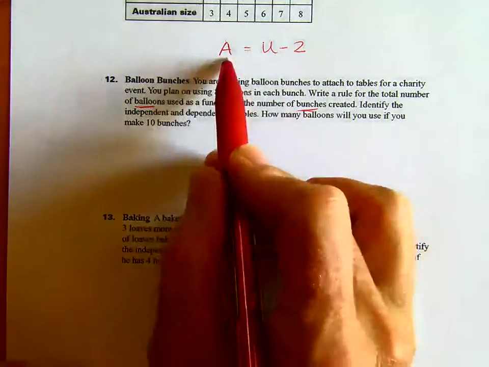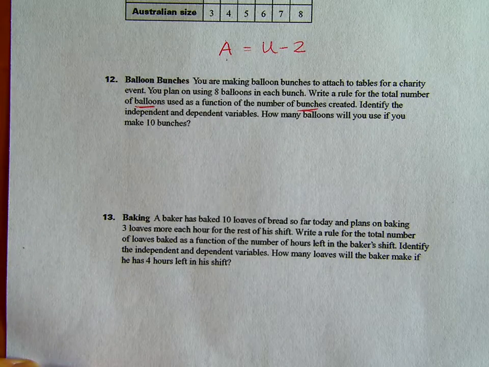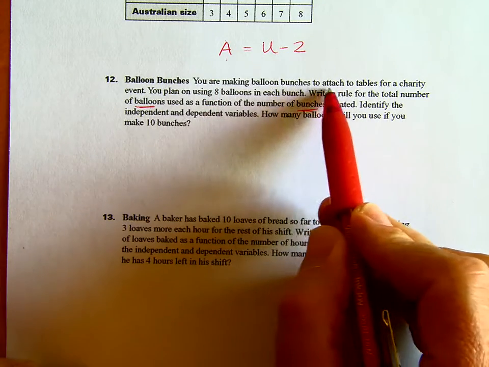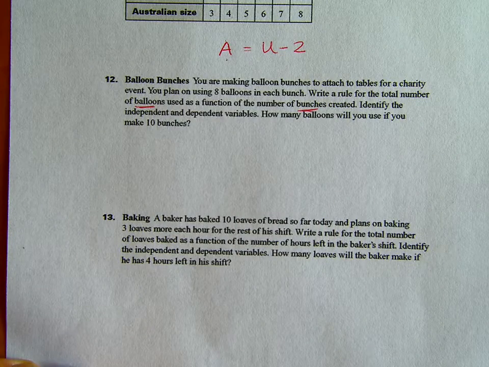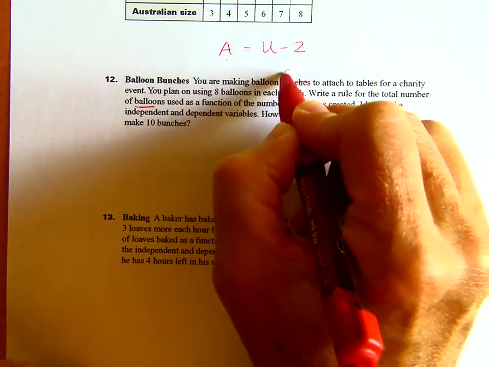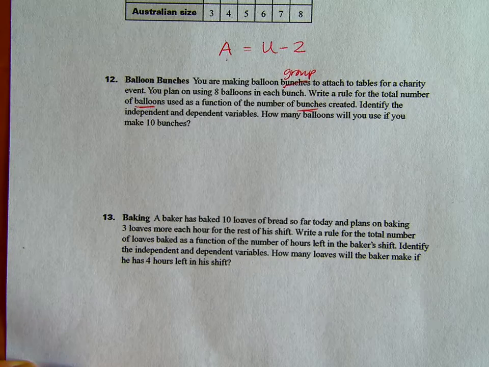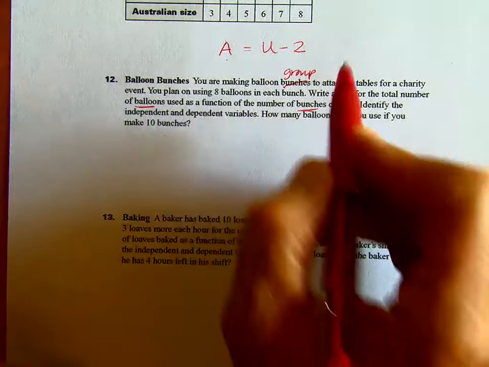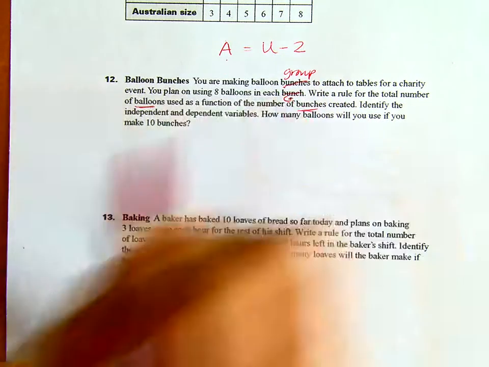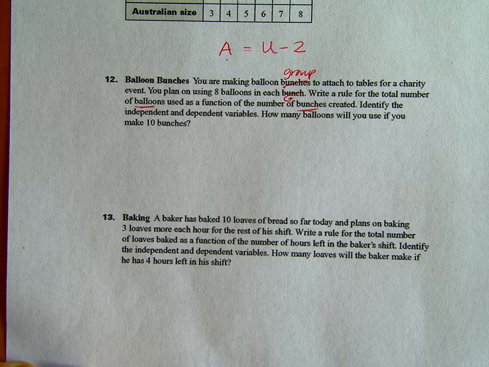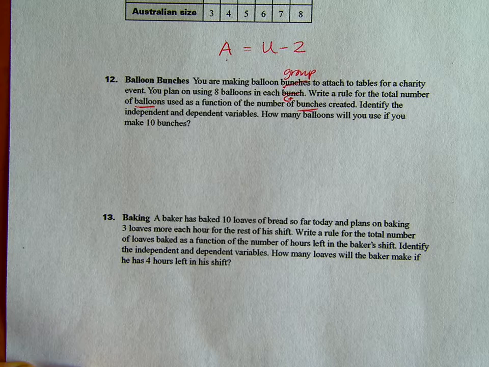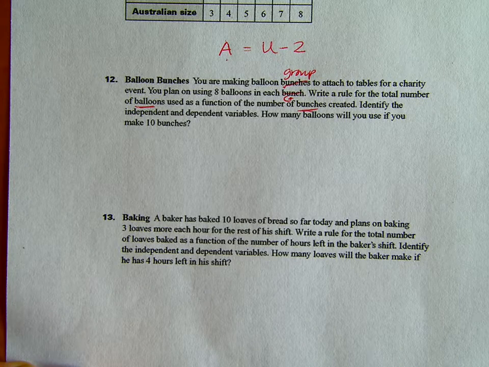It'd be nice if we had 2 different variables. Let's call them a group. Balloon group. You plan on using 8 balloons in each group. Write a rule for the total number used as a function of the number of bunches created.